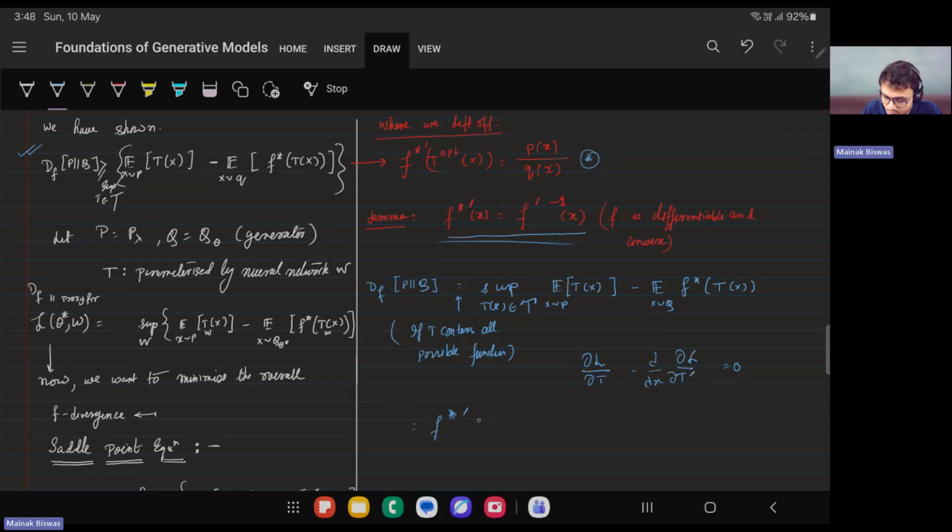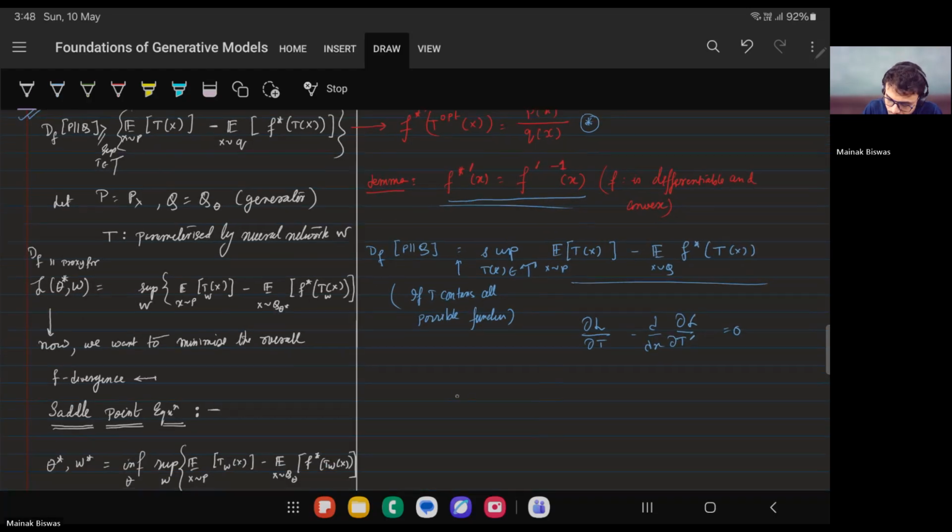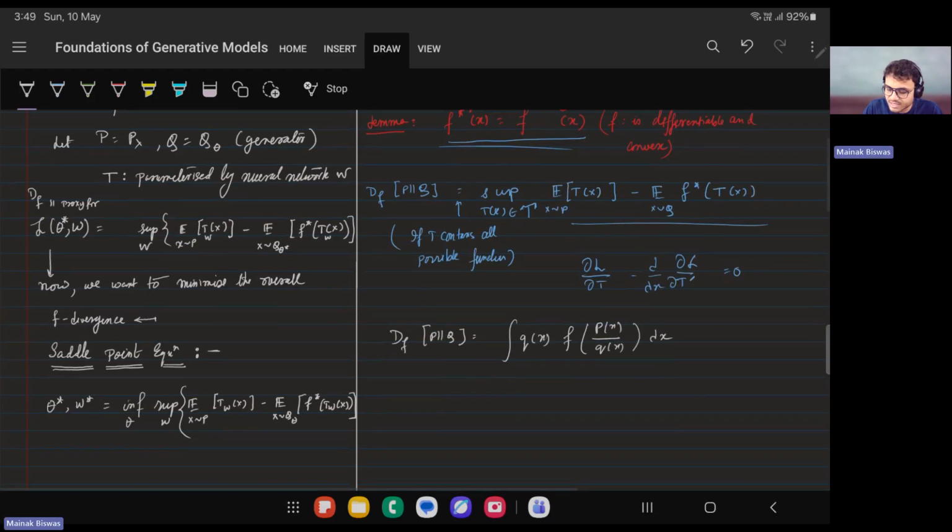f divergence to convert. So what does T do? If you're trying to recall, we derived this by saying, as a quick recap, that D_f(P||Q) is the integral of Q(x) f(P(x)/Q(x)) dx. And we said that instead of having f, we will have the conjugate of f.